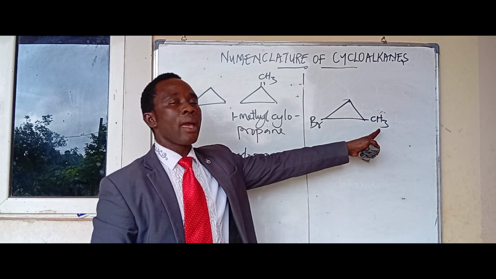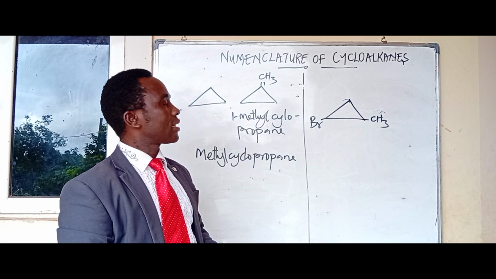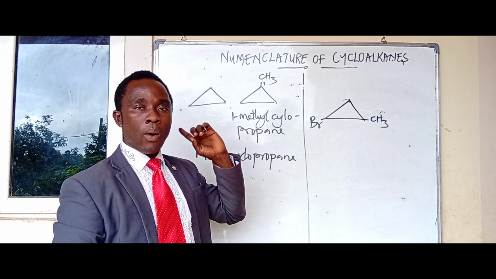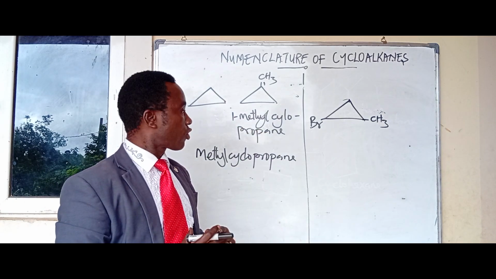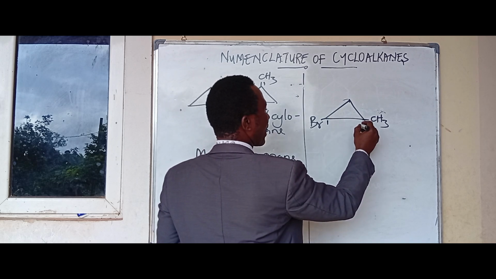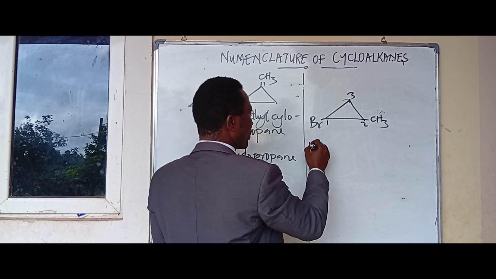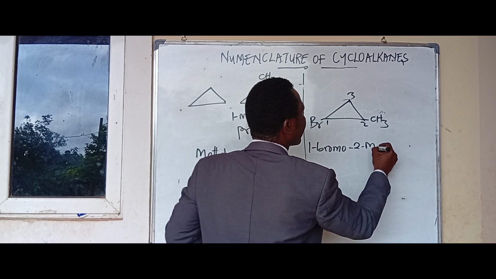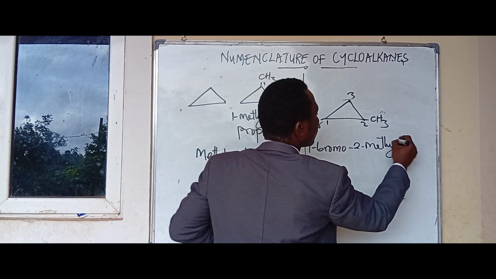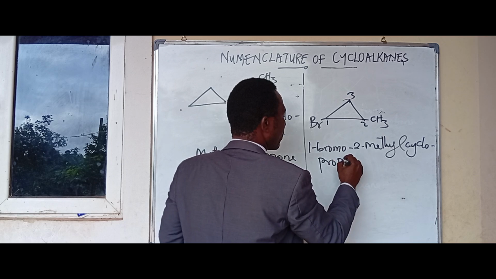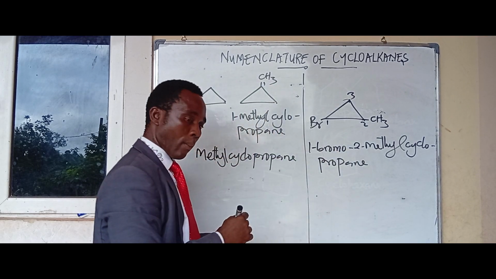Now, B and M, which one comes first? B comes before M. So we'll give number 1 position to the substituent that has the least alphabet. So this becomes 1, this is 2, and this is 3. So this is 1-bromo-2-methylcyclopropane. That is the name of the compound.